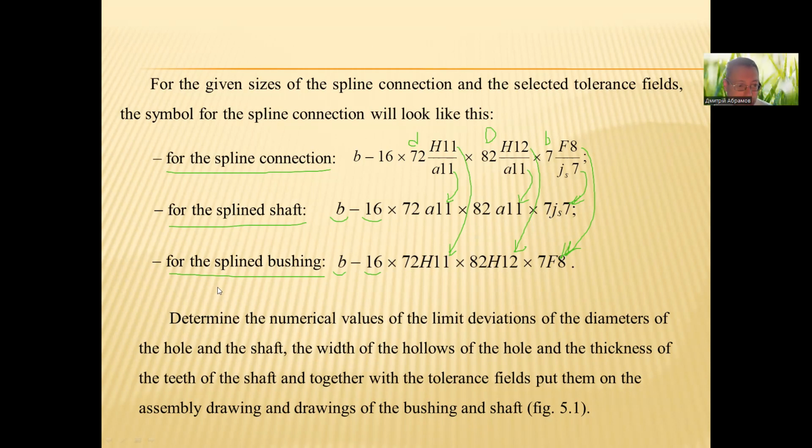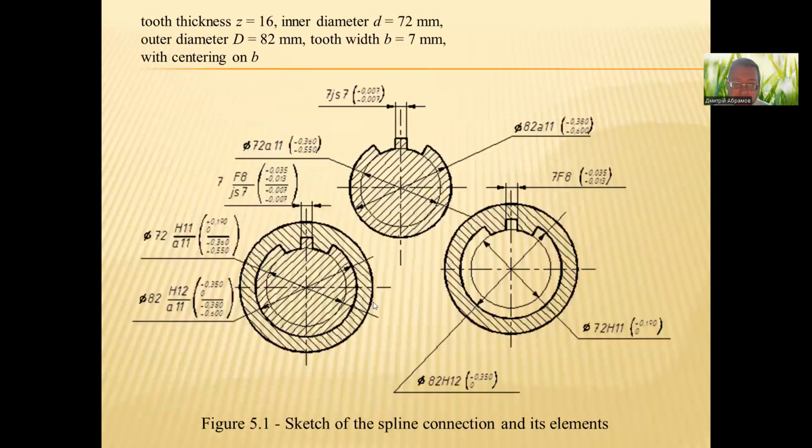And we continue. Determine the numerical values of the limit deviations of the diameters of the hole and the shaft, the width of the hollows of the hole and the thickness of the teeth of the shaft, and together with the tolerance fields, put them on the assembly drawing and drawings of the bushing and shaft, like in figure 5.1.